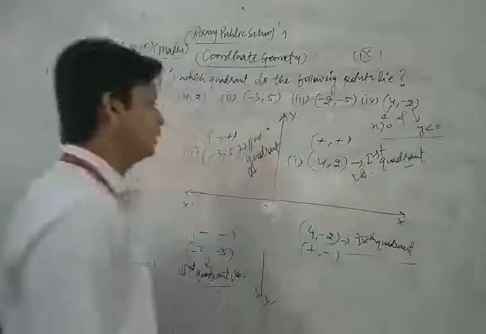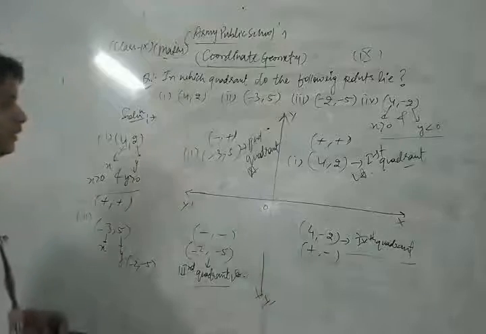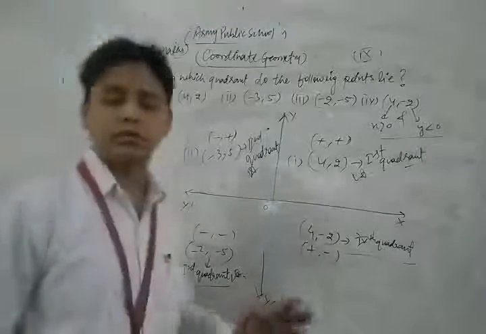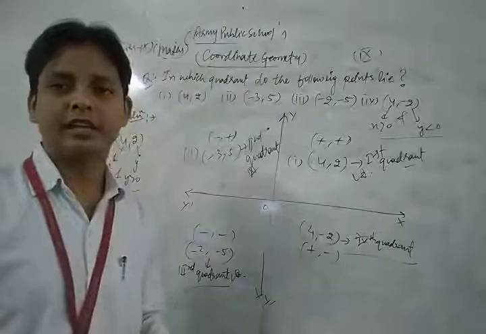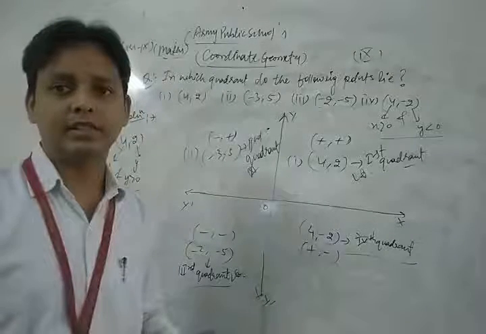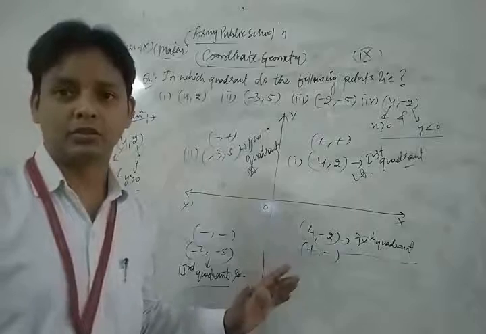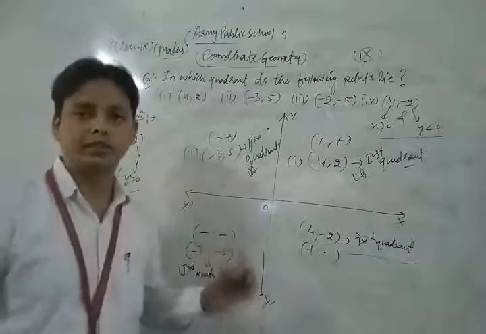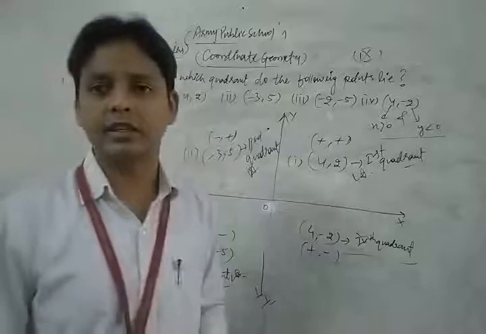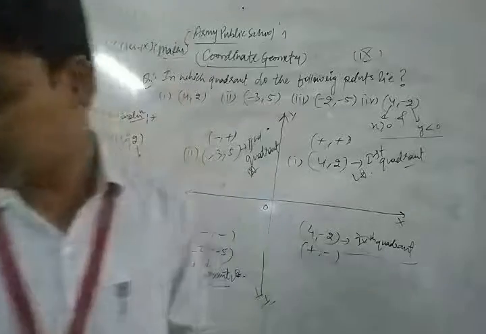So in this way, dear friends, you can plot and solve each and every question of your NCERT exercise based on these topics, using the concept of the Cartesian coordinate system.